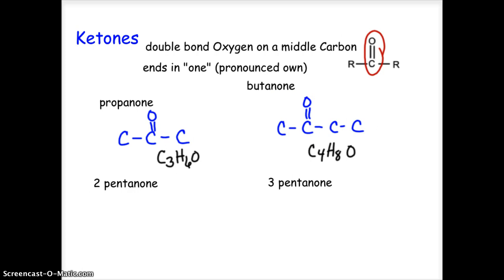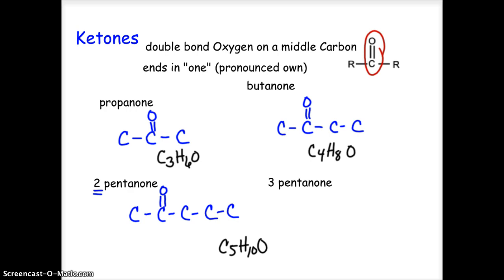And now when we get to pentanone, you'll notice that there are 5 carbons because pent is the prefix, and that 2 now tells us where that double bond oxygen is. Its molecular formula for pentanone would be C5H10O.